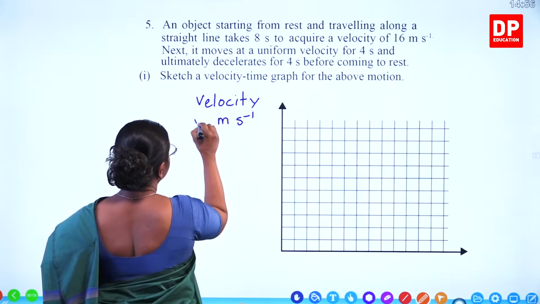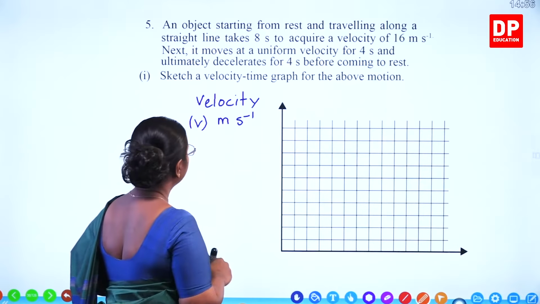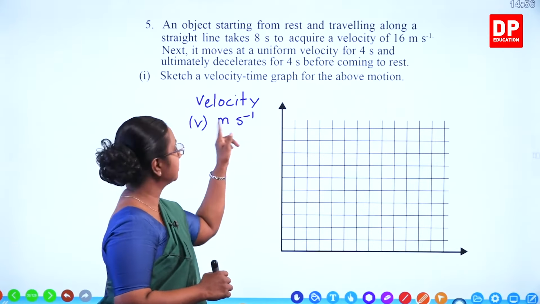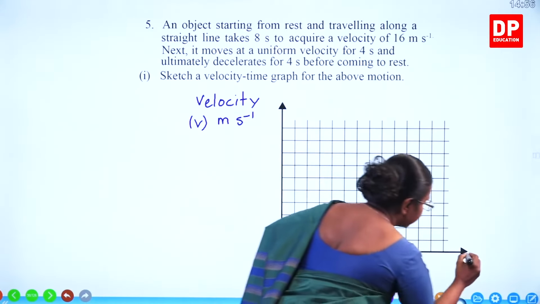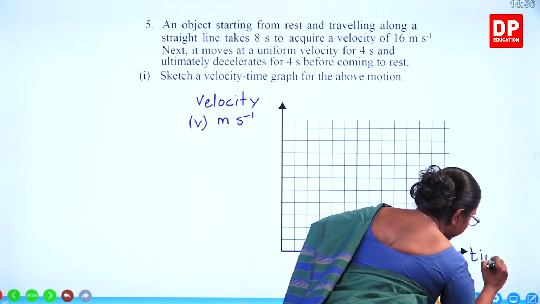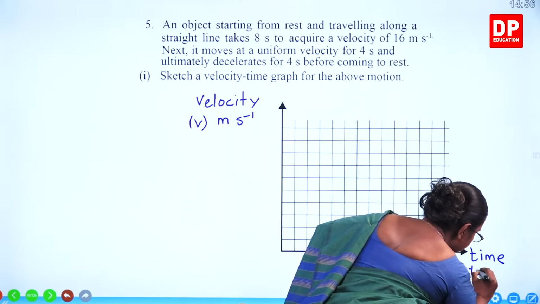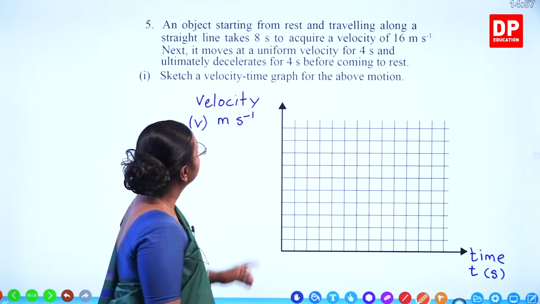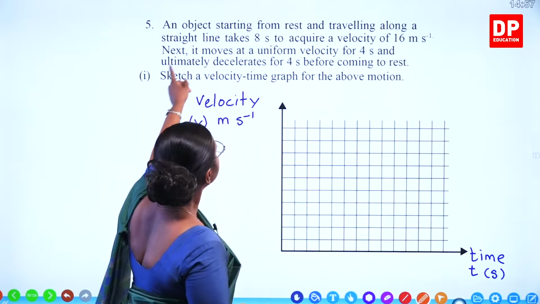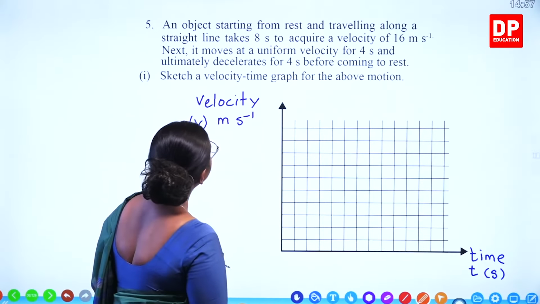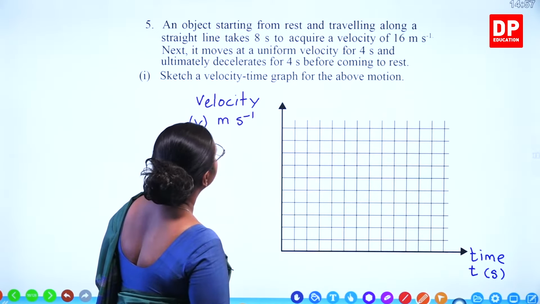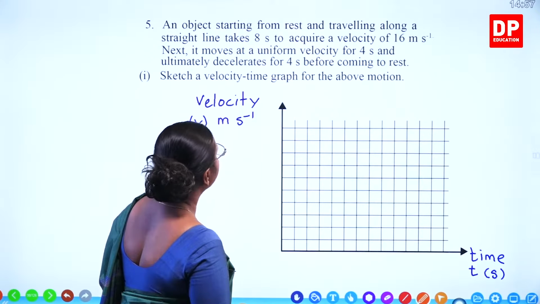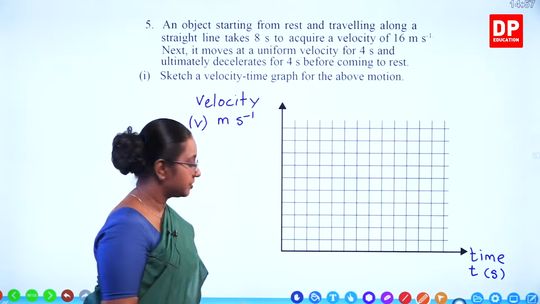We can write the symbol V, velocity V, meters per second, and the x-axis is time t, unit is second. Then we have to mark the time period. Initially 8 seconds, then 4 seconds, and finally 4 seconds.